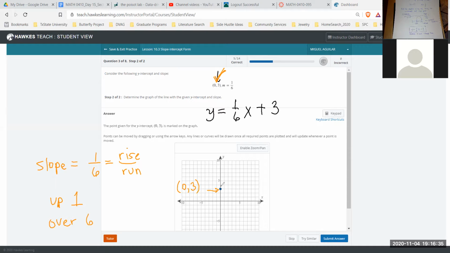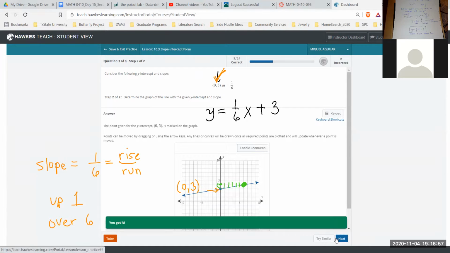So I'm going to start at that point, go up 1 to here, and then I'm going to go over 1, 2, 3, 4, 5, 6. And that's where I'm going to put the point. So when I click right here, it should generate the line, and that should be my line.